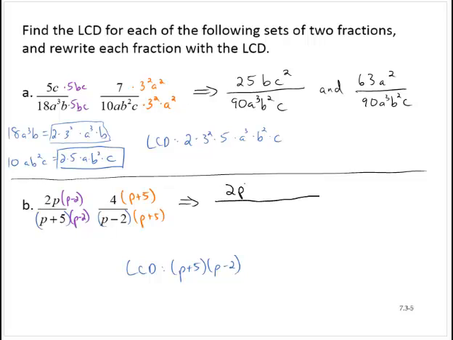That yields 2p squared minus 4p. For the denominator, we generally leave it in its factored form in this situation, so I'll leave it as p plus 5 times p minus 2. And for the second fraction, I have 4 times p plus 5. Again, applying the distributive property, that's 4p plus 20 over again p plus 5 times p minus 2.